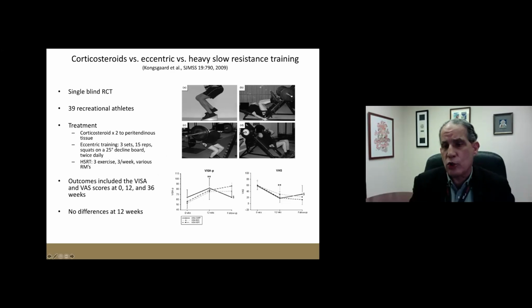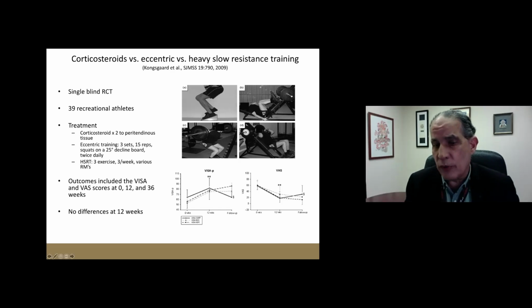They look at scores of different outcomes, of course. And as you can see, if we focus on the VAS, you can see that the three interventions actually were effective, all of them.